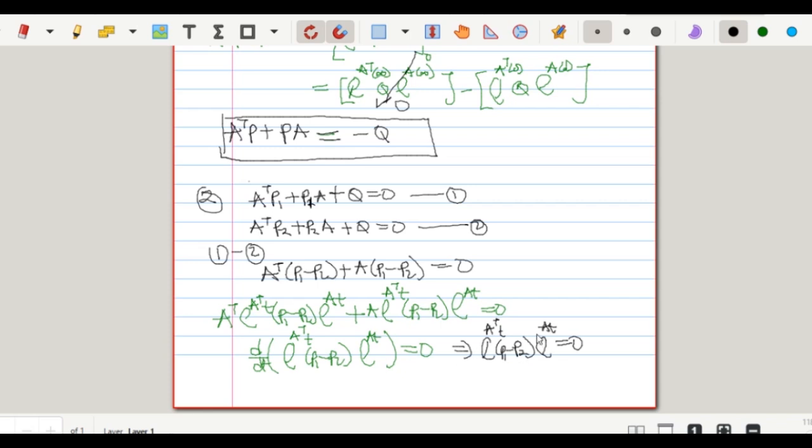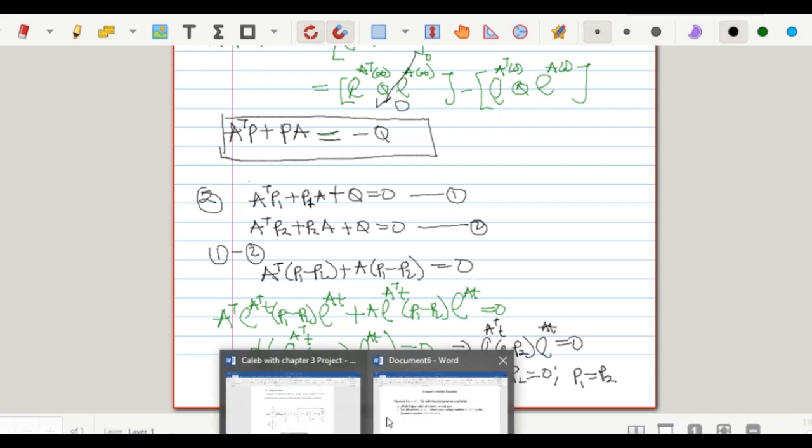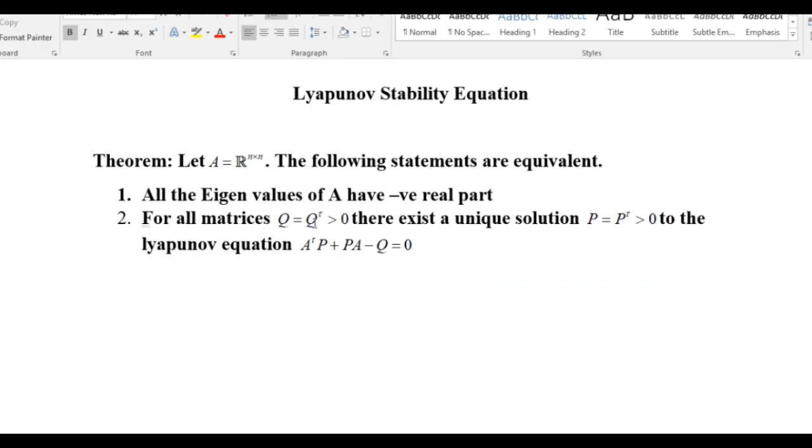If you take the limit as t tends to infinity, you are going to have P1 minus P2 equal to 0, which indicates that P1 is equal to P2. So we've proven that for the matrix Q greater than 0, there exists a unique solution to the Lyapunov equation.